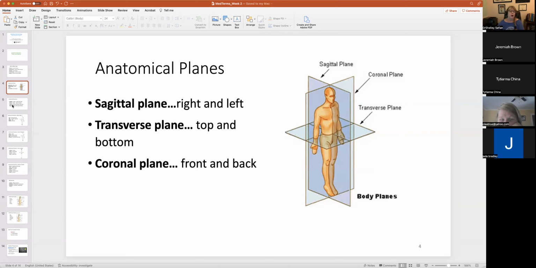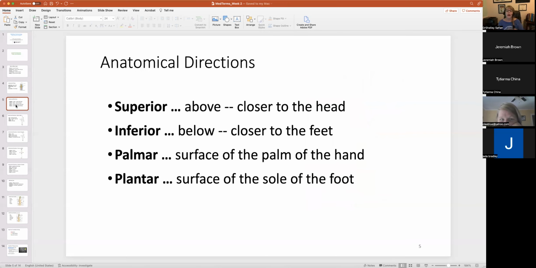All right. So now those were the anatomical planes. Now we're going to talk about anatomical directions. Superior means above, so closer to the head. So your knee is superior to your foot. It's closer to the head, right? Inferior means below.